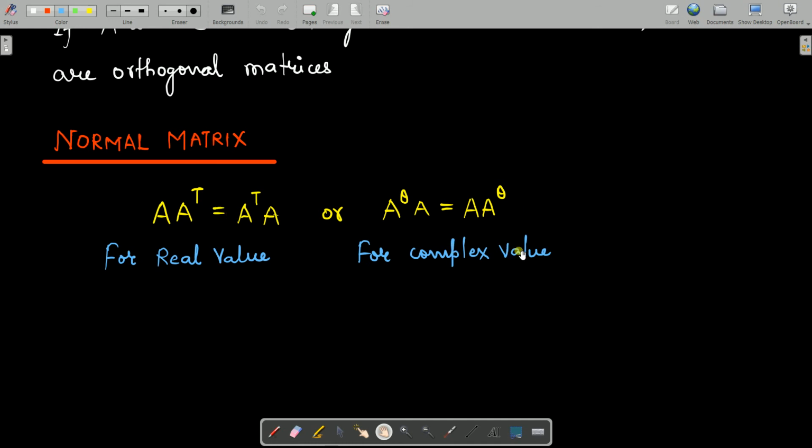And for complex values, if A to the power of theta into A is equal to A into A to the power of theta, then also we can say it is a normal matrix, because in matrix multiplication the order matters a lot. So every time you cannot say that A into A transpose will always equal A transpose into A. If this condition is satisfied, then only we can say that yes, it is a normal matrix, for real numbers and for complex numbers.